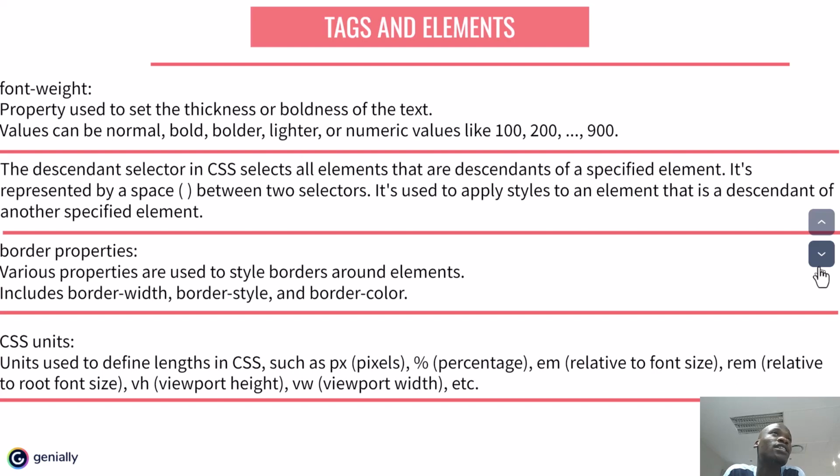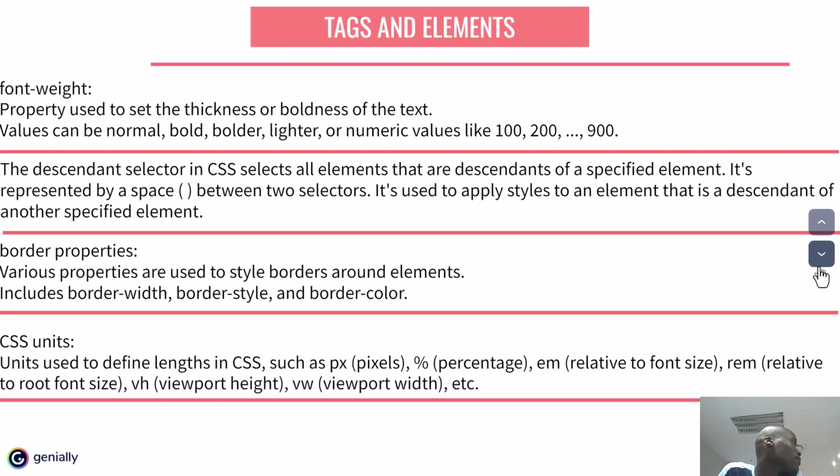Remember, I said in CSS we work with properties, and then we fill them with values, right? Values can be normal, bold, bolder, lighter, or numeric values like 100, 200, 900, 100 being the smallest, and 900 being the highest, right?